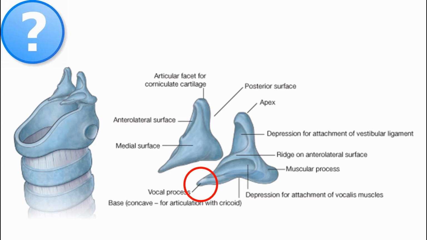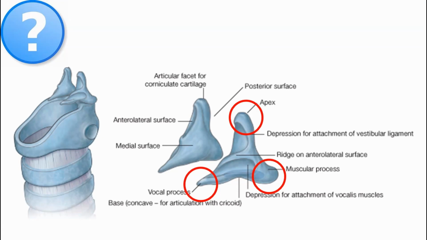These are pyramidal in shape, and they have an anterior process called vocal process for the vocal cords to attach to, and we have a muscular process in which muscles insert here, and they move the arytenoid cartilages to move the position of the vocal cords, and they have an apex.